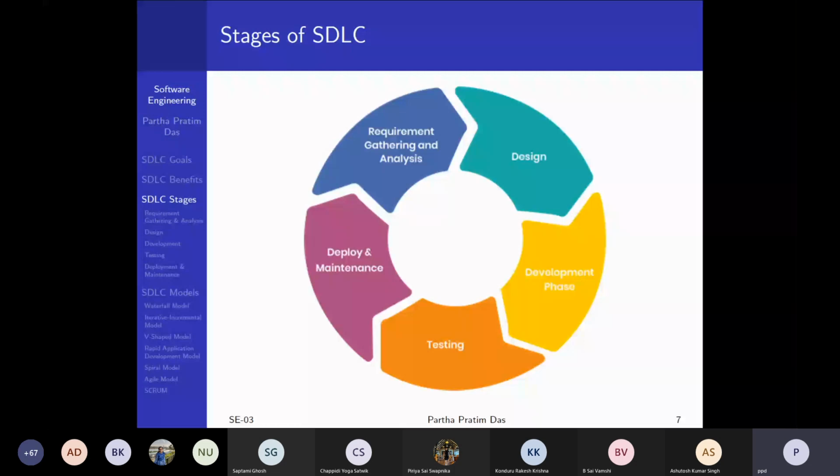Then you go to deployment. You go to the real field and install and deploy it on the customer's environment, on the customer's machines, in terms of the customer's situation. That process of installation and deployment is a very, very tricky area.